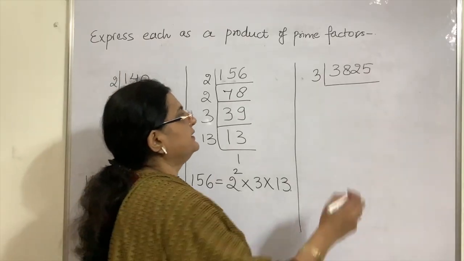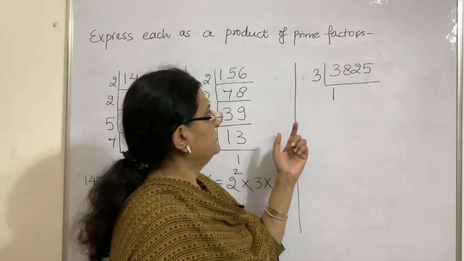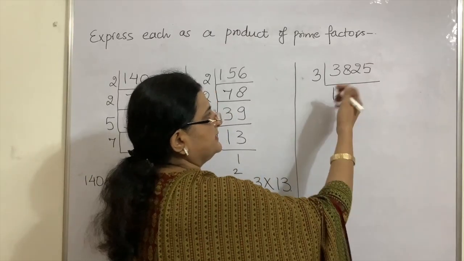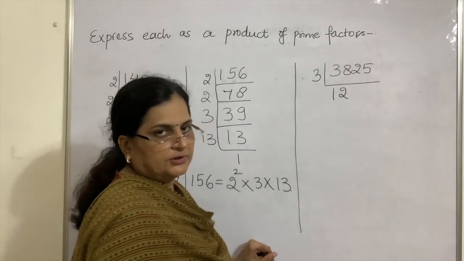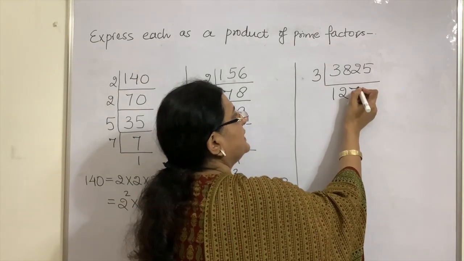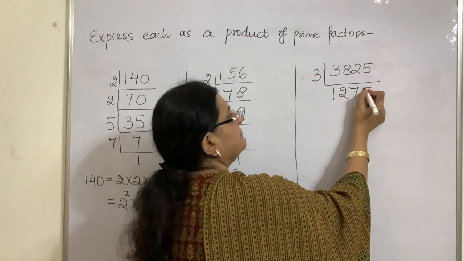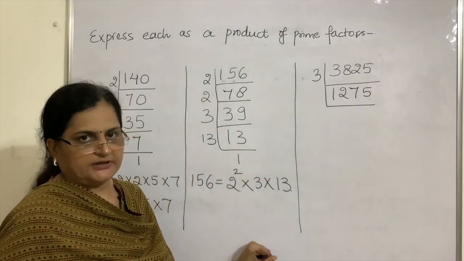So divided by 3, 3 ones are 3. So if I divide the next number by 3, so it is 3 twos are 6, 2 as the remainder, 3 sevens are 21, 1 as the remainder, and 3 fives are 15.